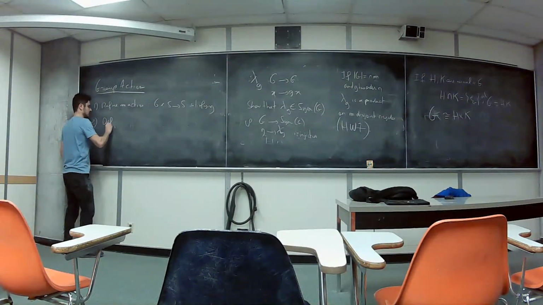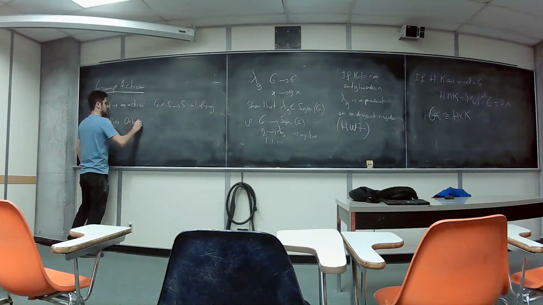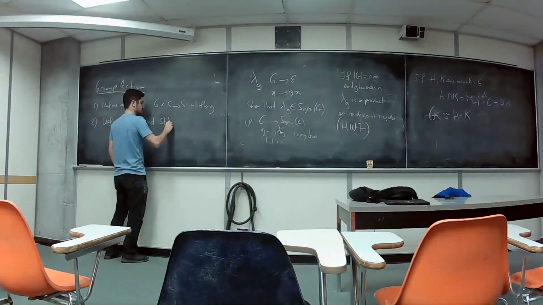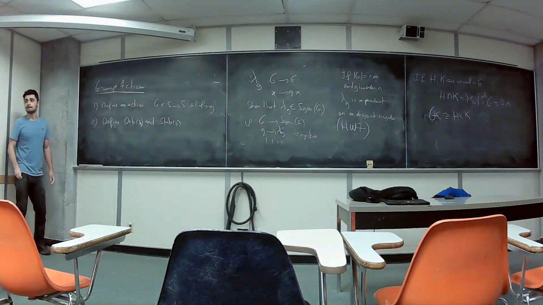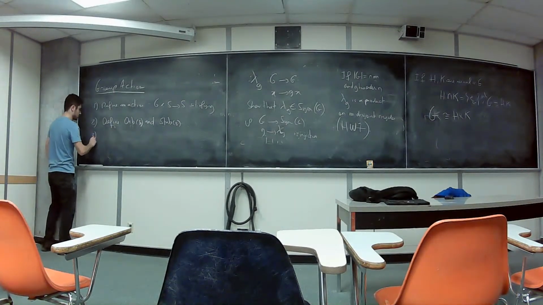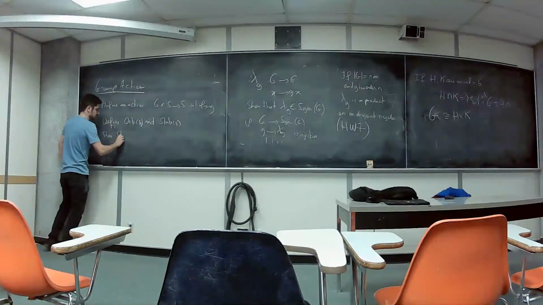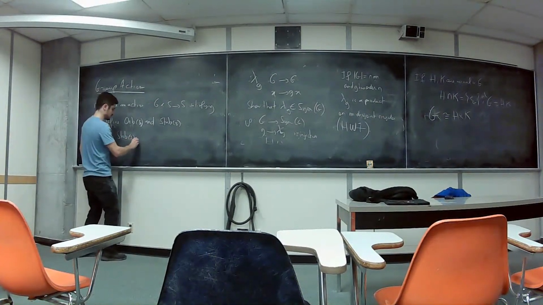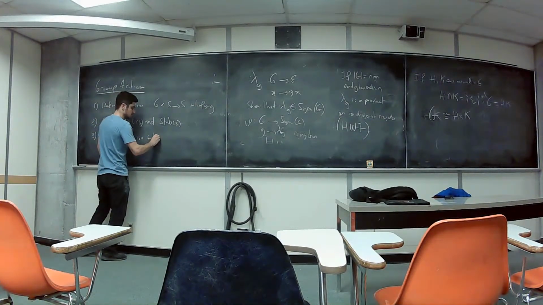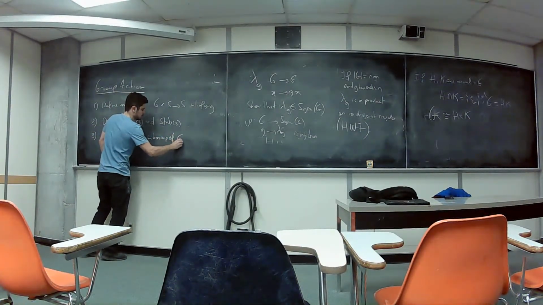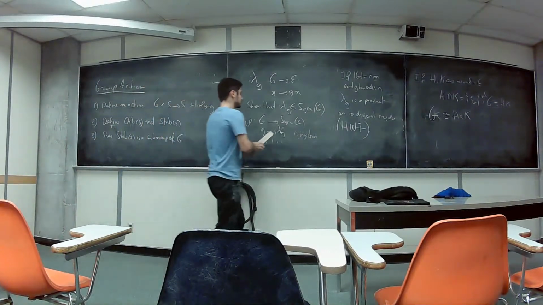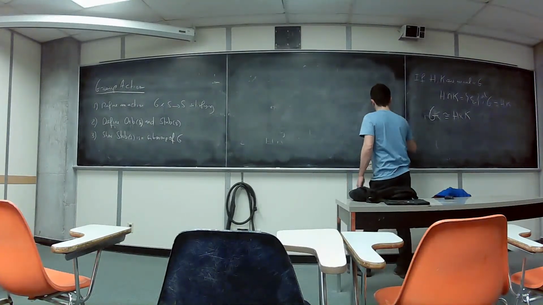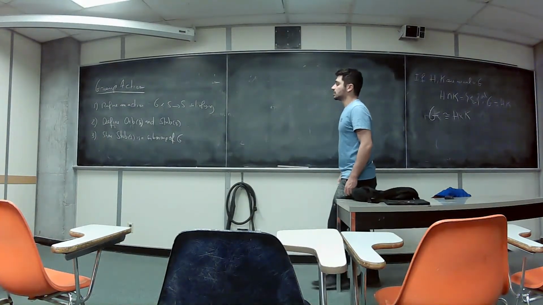Define the orbit, orb S, and the stabilizer, stab S. Show that stab S is a subgroup of G.